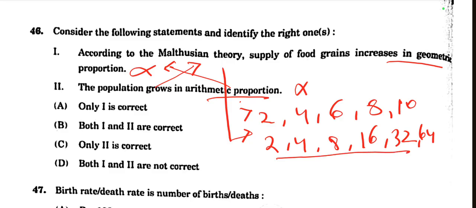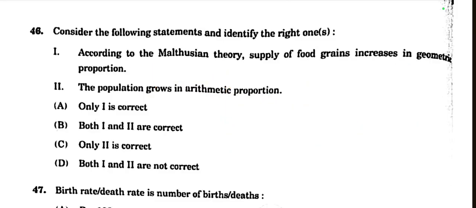So this type of increase is called geometric progression. This type of increase we see in population. Food supply only increases in arithmetic proportion. So both the options are incorrect here. So both 1 and 2 are not correct. Option D is the right choice.